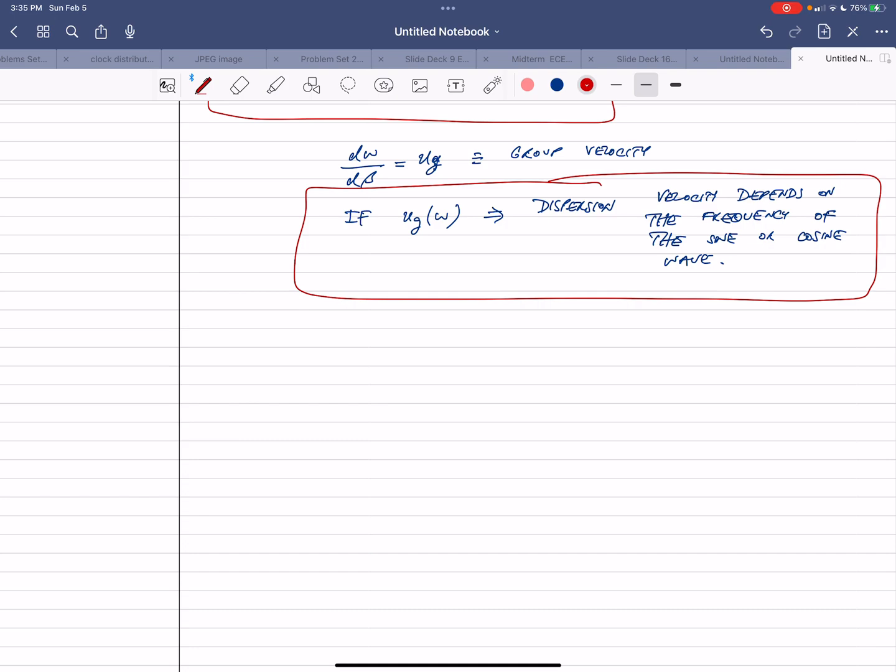And if you guys remember, if I have a square wave in the time domain, so if I just have like a rise time here, this rise time, if I transform this into the frequency domain, will be represented by a bunch of different frequencies.